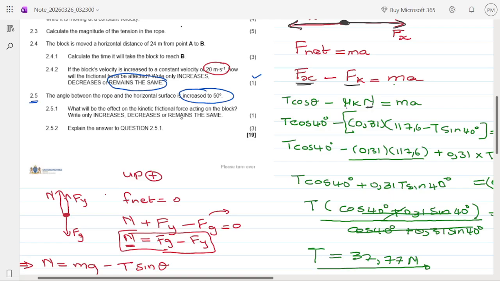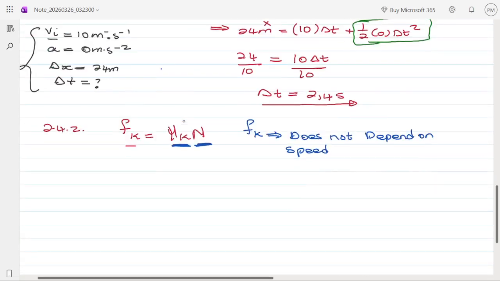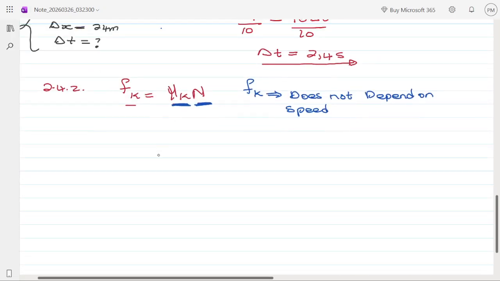So now let me put this on the board and see what we can do from this information. First thing first, remember that when the angle increases, so theta increases, according to the statement on 2.2.5, we are increasing the angle.